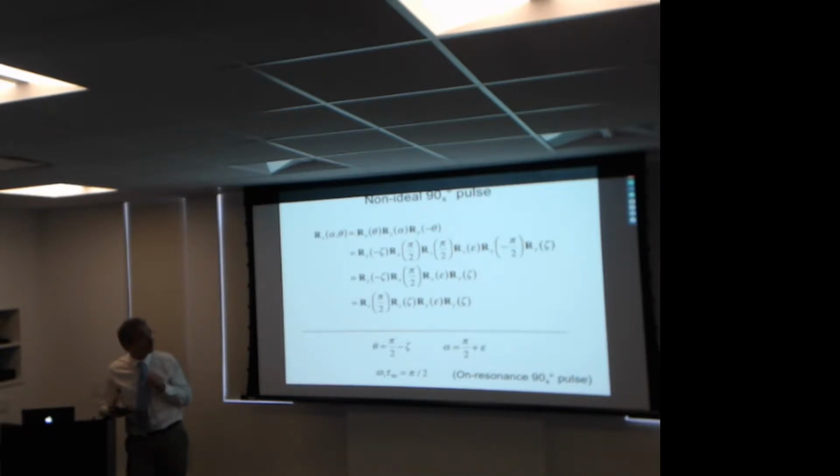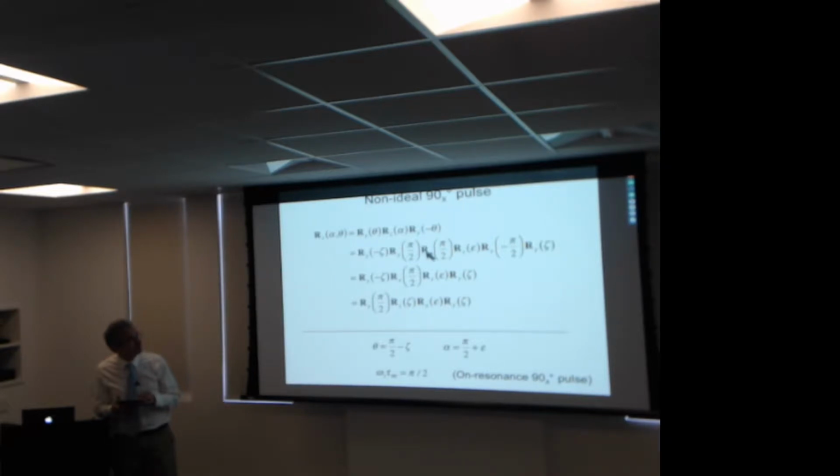And now, if zeta and epsilon are small, we can commute the rotations, and obviously a rotation commutes with itself, so the two y rotations commute. So in the third line, then, I've taken the y operation, which is shown, hopefully, this pi over 2, and acted on this z rotation.